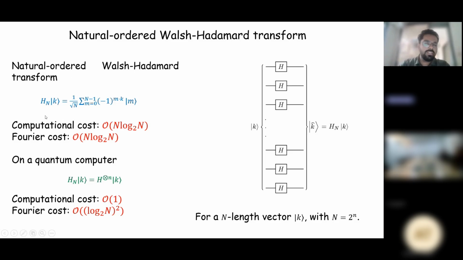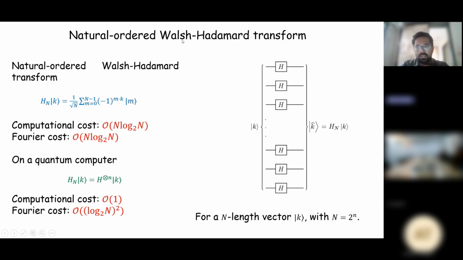So this particular formula says that there is some linear transformation involved here, which we can use for our further processing. The computational cost of this on a classical computer is n log n, because it again relies on the same butterfly algorithm on which the fast Fourier transform works.